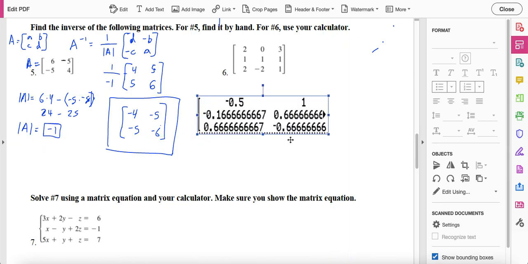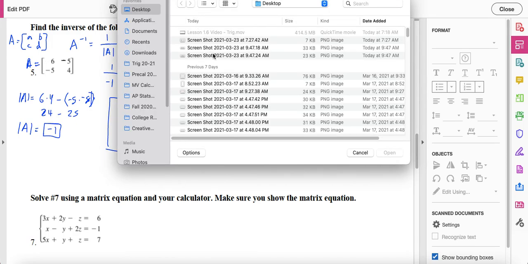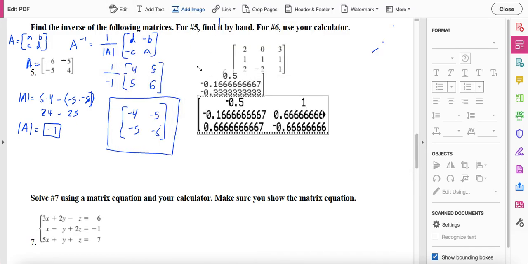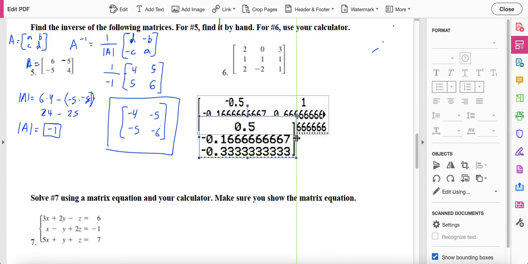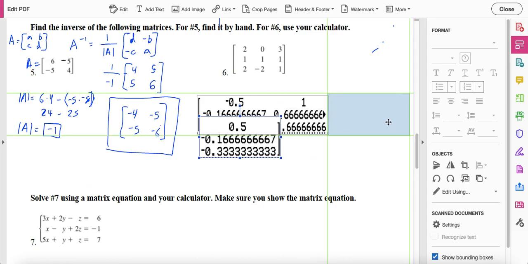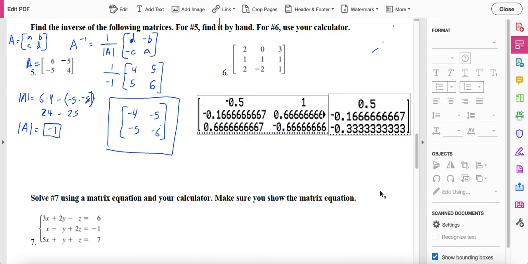So there's the first part of it, and then here comes the second part of it. So there we go. So there's our solution there. So we have negative 1/2, negative 0.16, 0.66, 1, 0.66, negative 0.66, 0.5, negative 0.16, and negative 0.33. If you put the fraction versions of those, that'd be fine too.